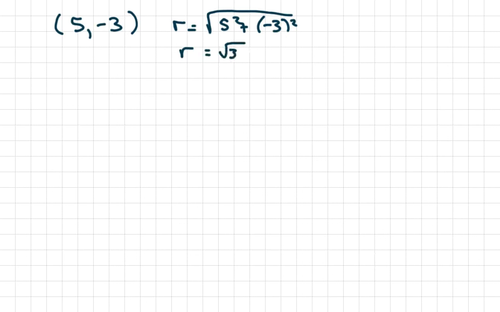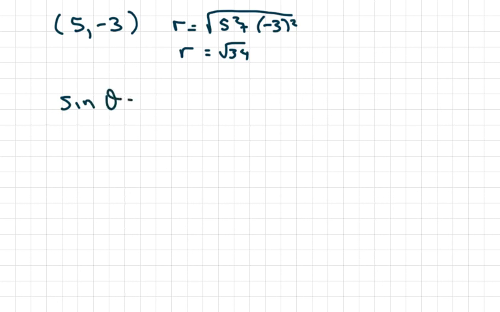We have 5 comma negative 3. So r equals the square root of 5 squared plus negative 3 squared, sorry, plus. So r equals square root of 34. And we're going to go through and do this.